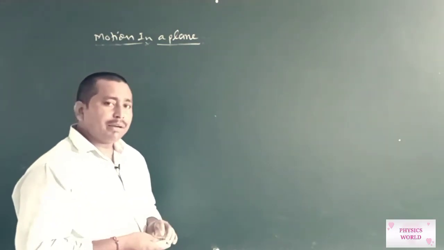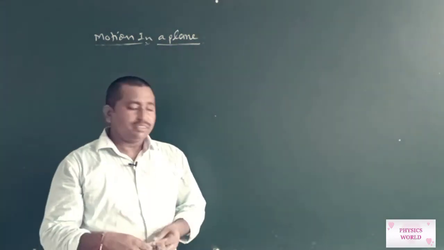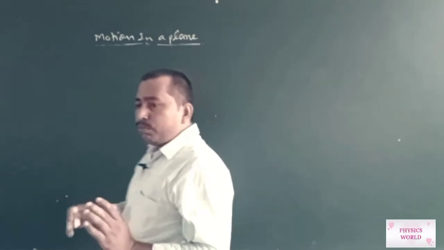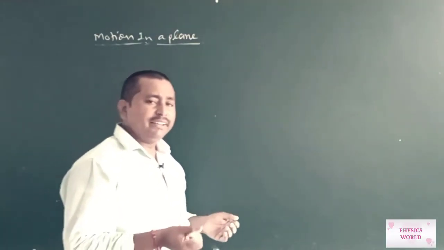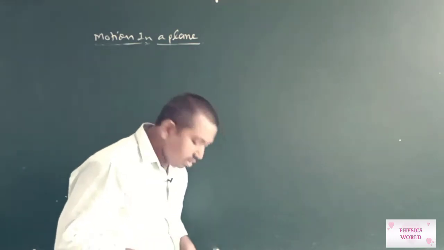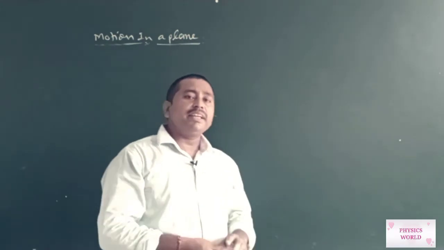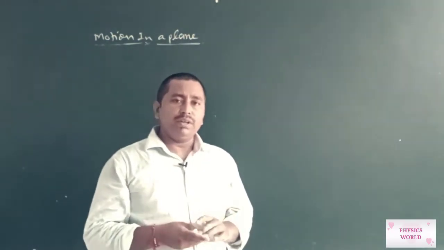But if we talk about motion on a plane, this is a plane. If we walk on this surface, then we need more than two coordinates to specify. If we walk on this plane surface, there are more than two directions in which we can move.